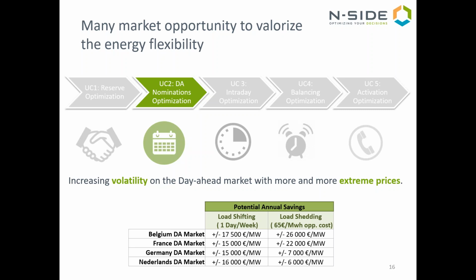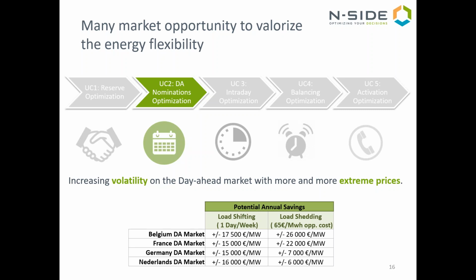So if, for instance, I take load shifting, if I have a flexibility of 1 day per week, it represents more or less 3 hours every day. So basically, if I can avoid the 3 highest hours, I can save around, on average, 16,000 euro for each megawatt that I shift.